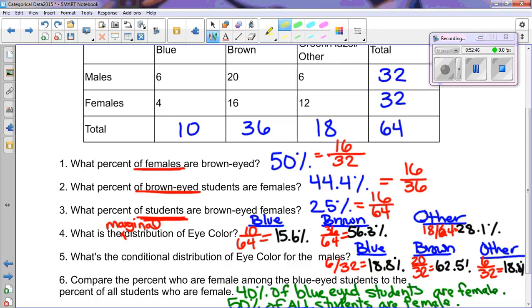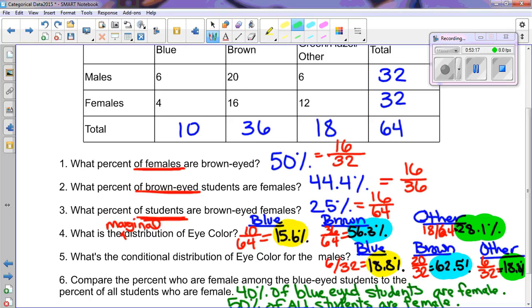So we're going to compare the blue percentages to the blue percentages, the brown percentages to the brown percentages, and the other percentages to the others. Are they close enough? So is 15.6 close to 18.8? That maybe. 56 and 62. It's a little far off for me. And then 28 and 18, that's almost 10%.